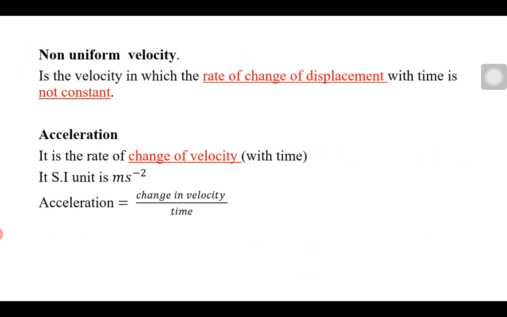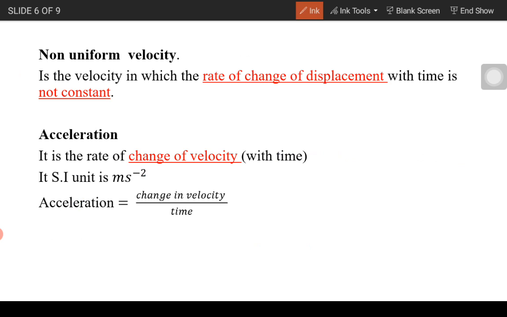So we are looking at another terminology, non-uniform velocity. This is where the velocity, the rate of change of displacement with time, is not constant. Of course, we are just adding the word not constant, because the other one was the constant rate of change of displacement.